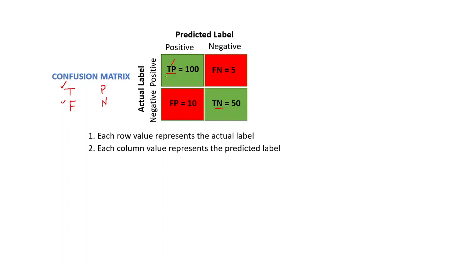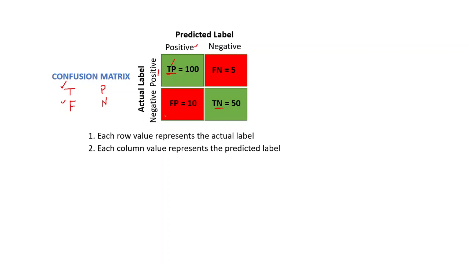In this particular cell, the row label is positive and the column label is also positive, so it gets the value T, or true. In this cell, the actual label was positive and the predicted label is negative, so it gets the value F, or false.